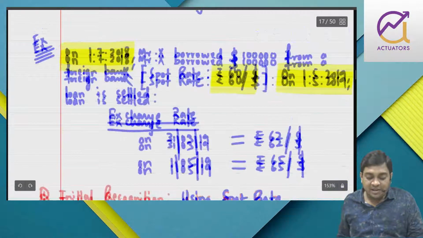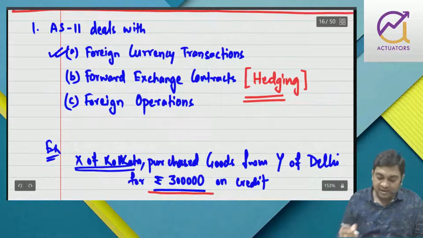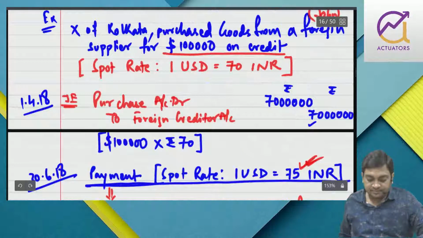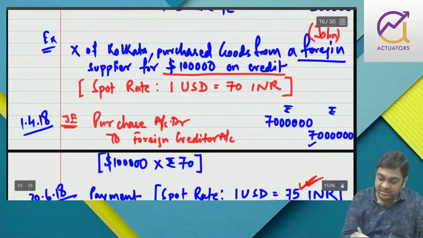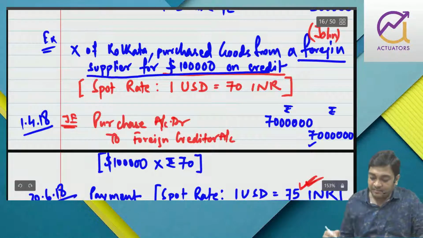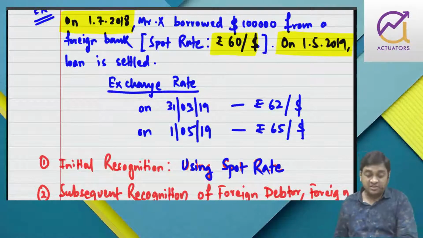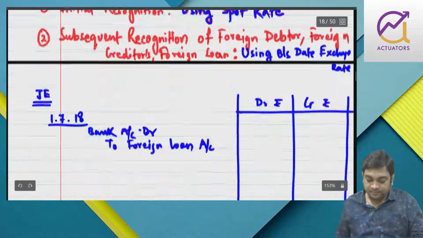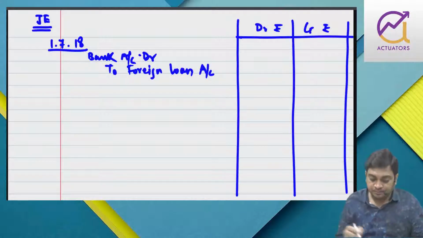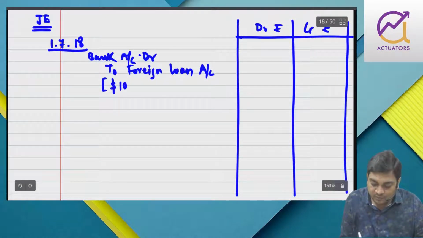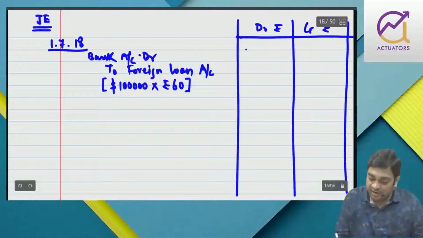Right now I'm explaining foreign currency transactions, right? You can give a heading here, foreign currency transactions. So this is an example of a foreign currency transaction. I'm entering with a foreign supplier. This is also a transaction entered with a foreign party. So these are all foreign currency transactions. So I have borrowed $1 lakh, at 60 rupees, which is today's spot rate.